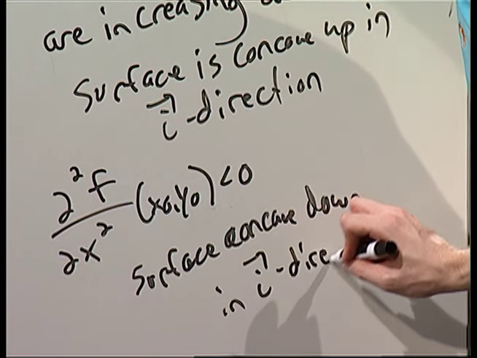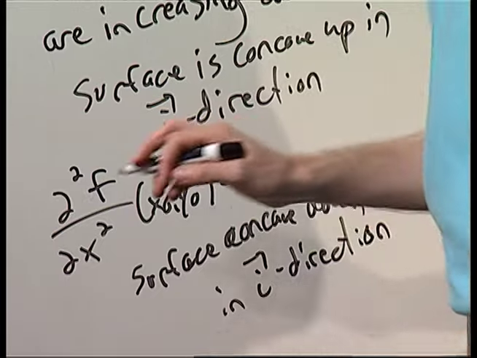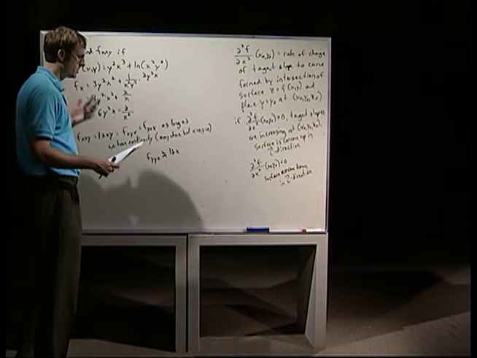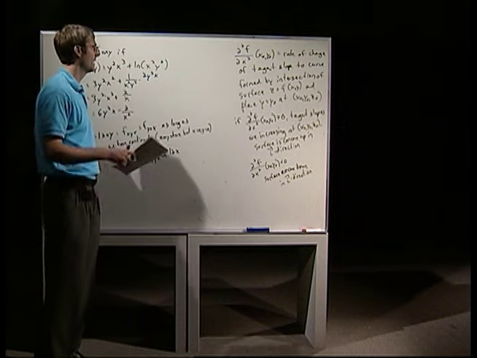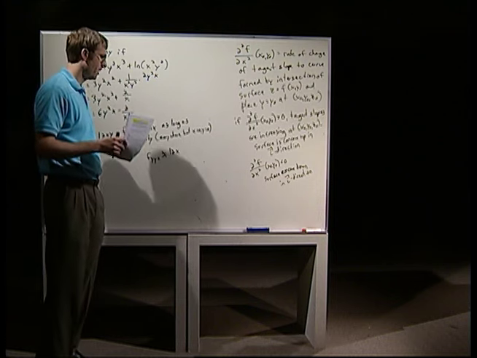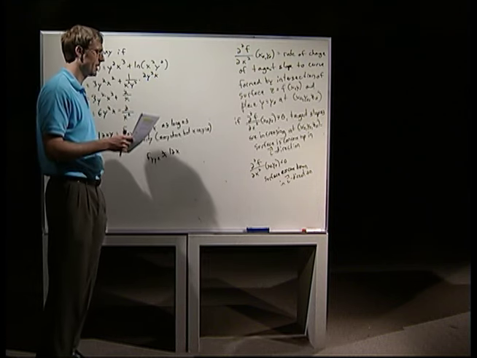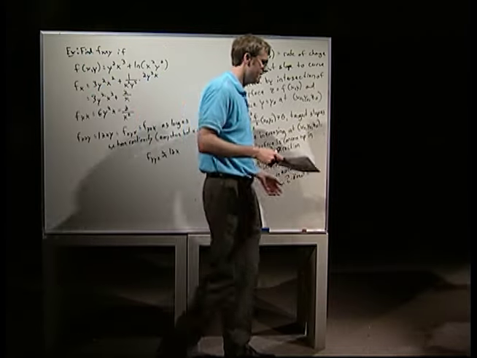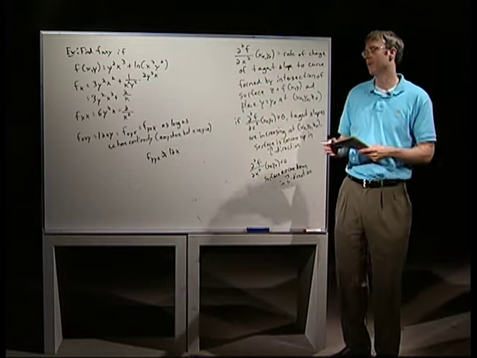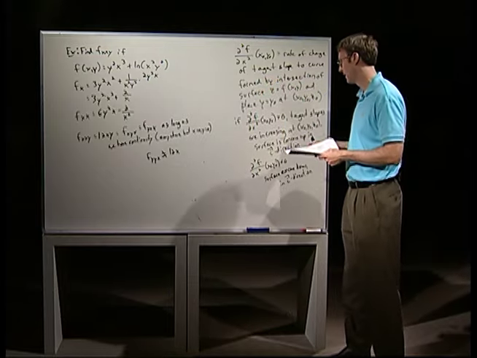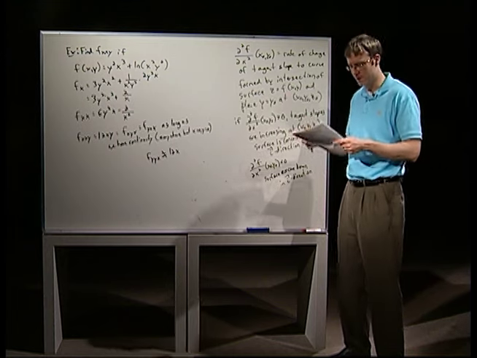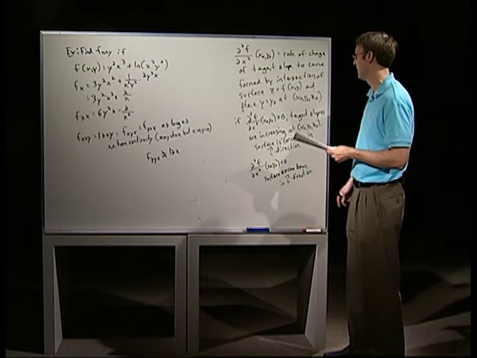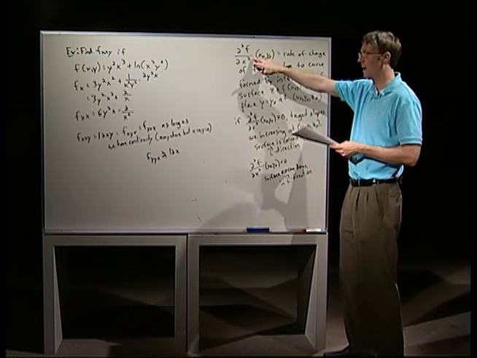So the same idea as in single variable calculus: the second order partials tell us, at least in some way, about the concavity of our function in a given direction. You can be concave up in one direction and concave down in the other. You can have something like a hyperbolic paraboloid that meets exactly those criteria. The same ideas apply for f sub yy in the j direction.